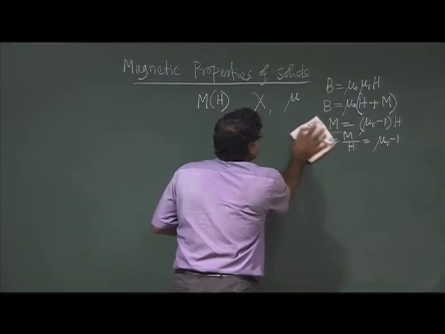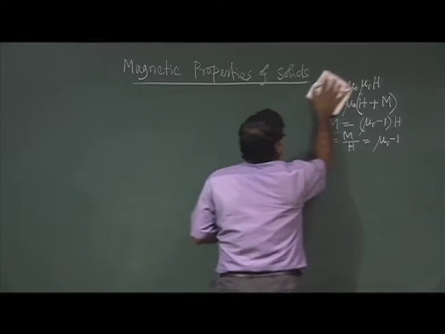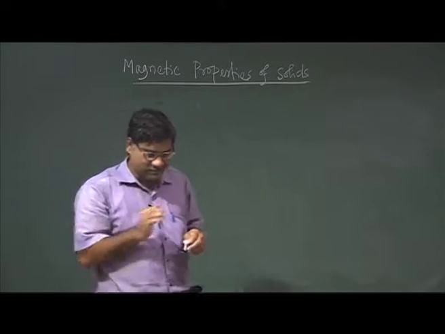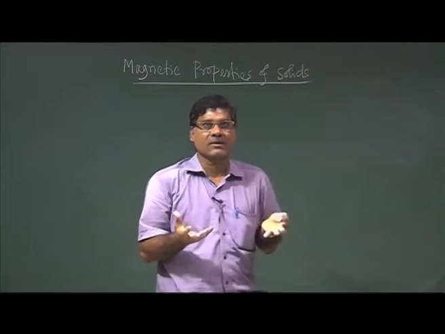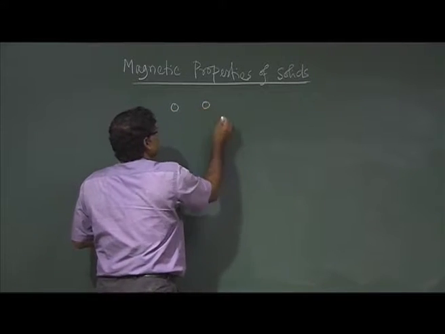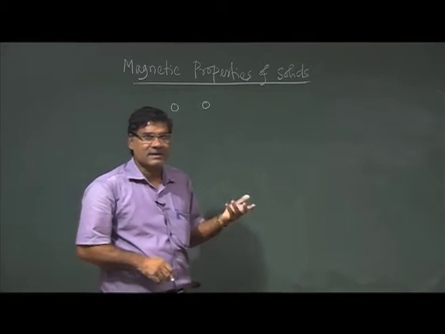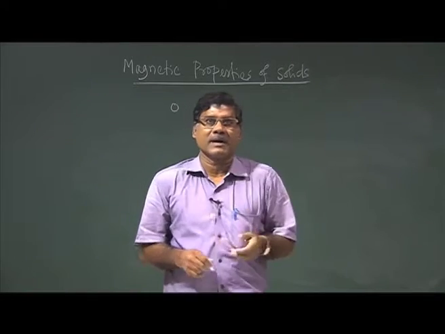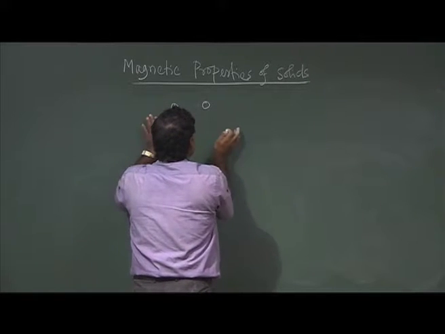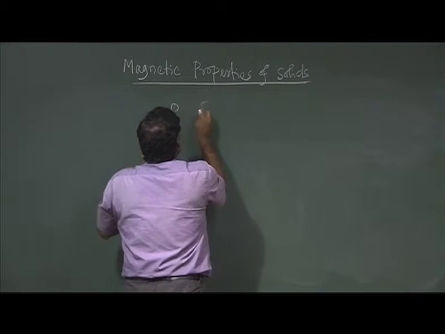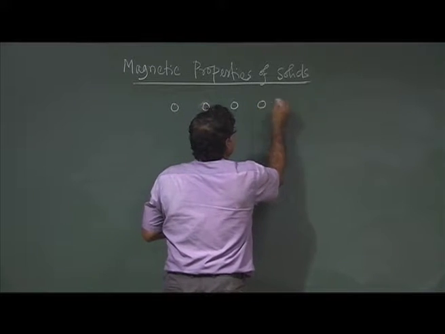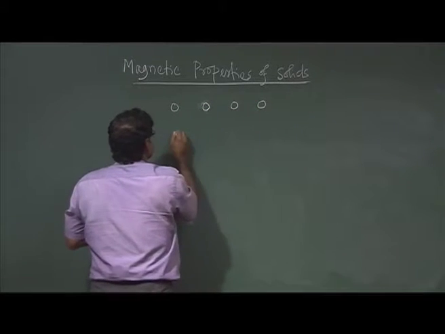So, if you take a microscope and see the material, what will you see? You will see the atoms sitting in the material, right. So, now I am discussing the origin of the permanent dipole moment. So, if I take a material, in this material there will be atoms sitting at the lattice points.